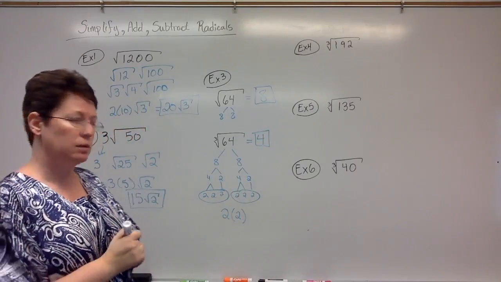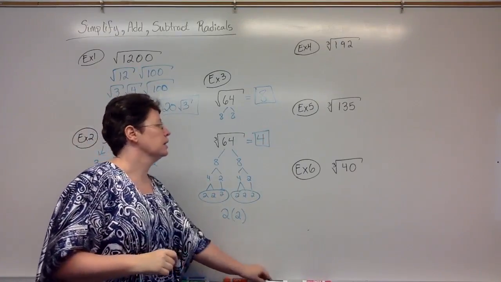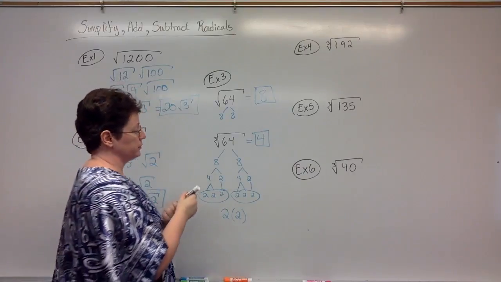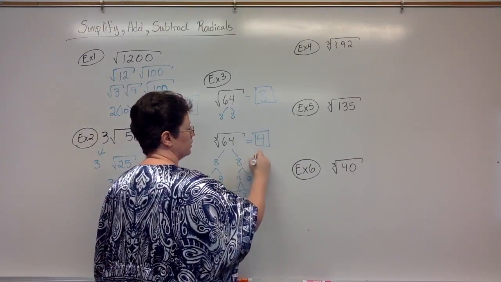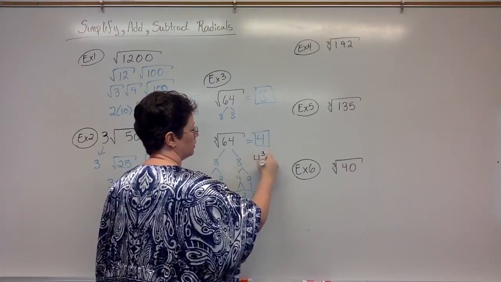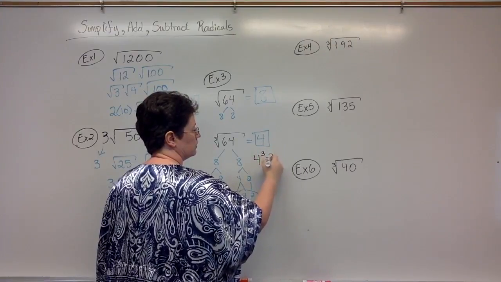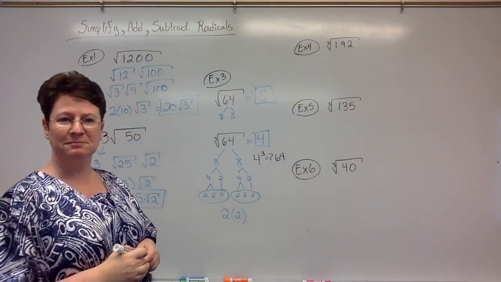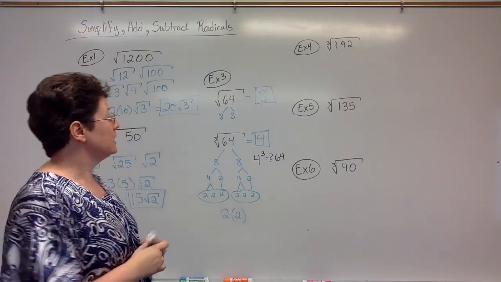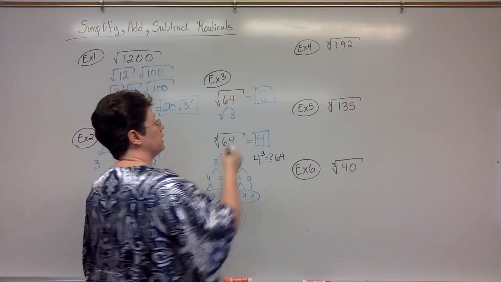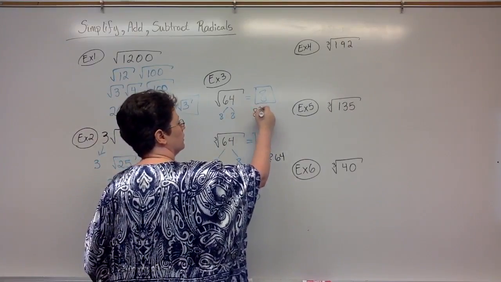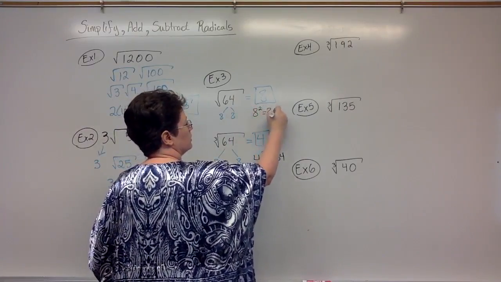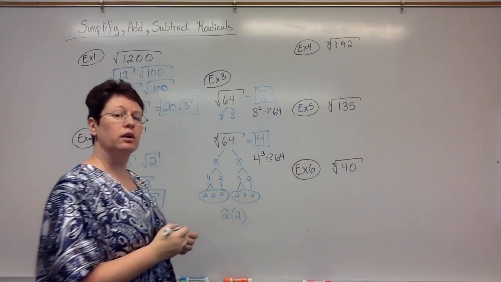You're like, Mrs. Boots, I really don't think that's right. Try it backwards. In your calculator, if you did 4 to the 3rd power, check, do you get 64? Yes, you do. Just like if you plug in 8 squared and checked it, you would get 64.